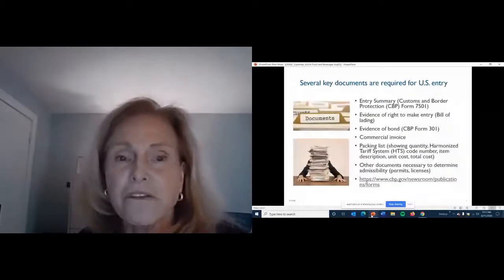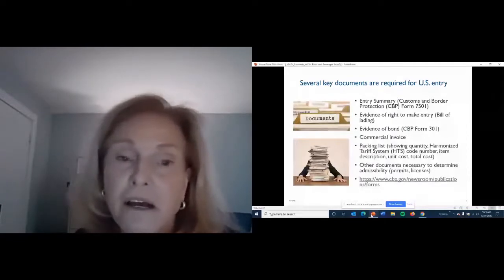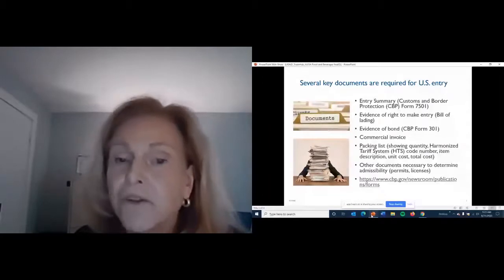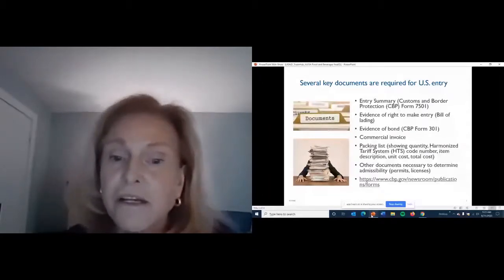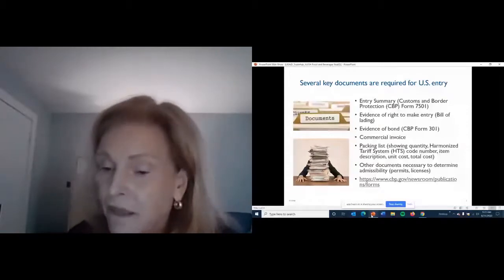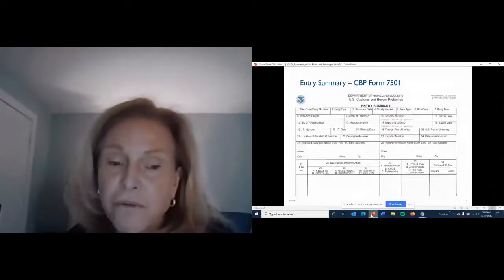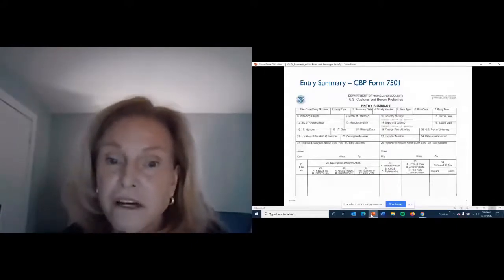I'll start here with the key documents that you need for US entry: the entry summary, the right to make entry, a bond, a commercial invoice and a packing list. And I'll show you some of those. This is the entry summary form. As you can see, there's a lot of information you fill in at the top.